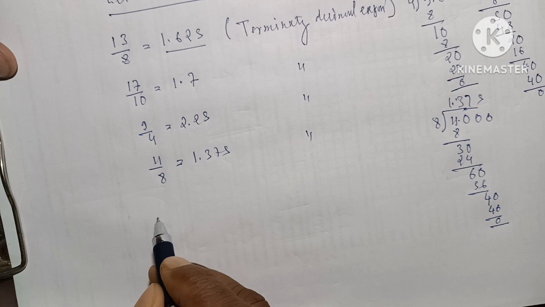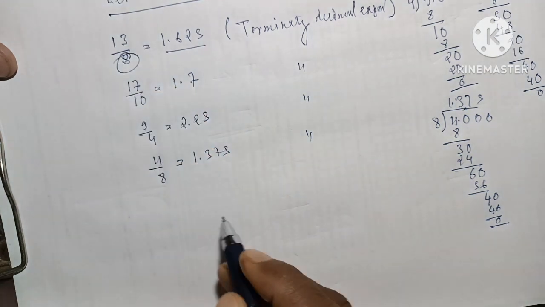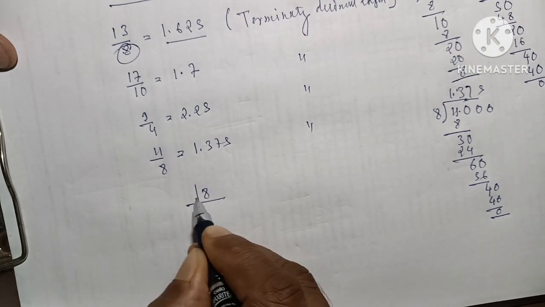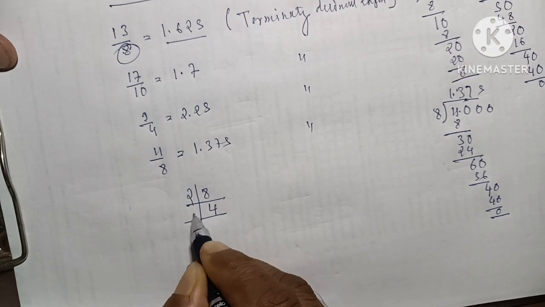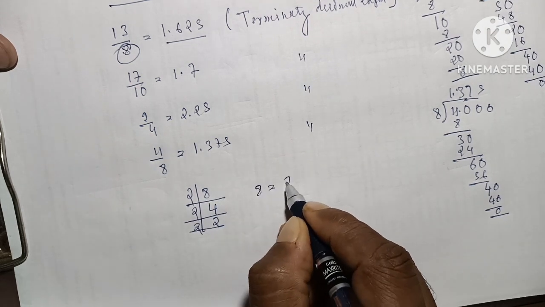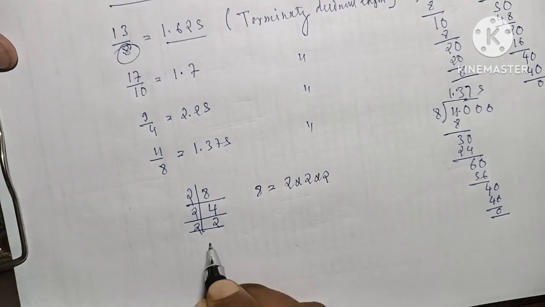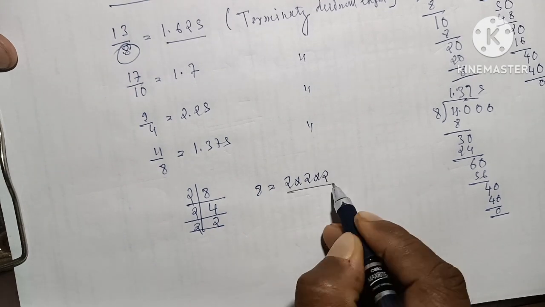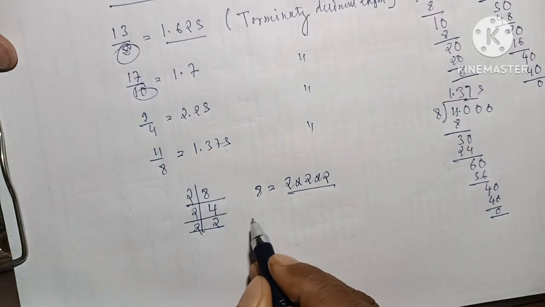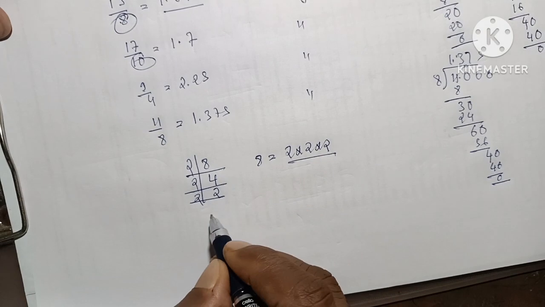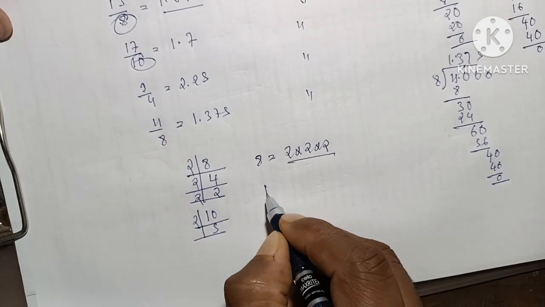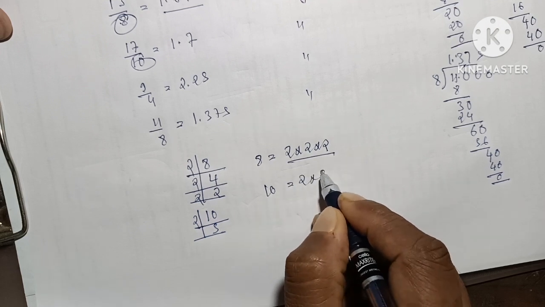Let's see the prime factorization of the denominator. 8: we do prime factorization. 2 4s are 8, 2 2s are 4, 2 1s are 2. So 8 has prime factors 2 and 2. Clear? Then 10: 2 5s are 10, so 10 has the prime factors 2 and 5.